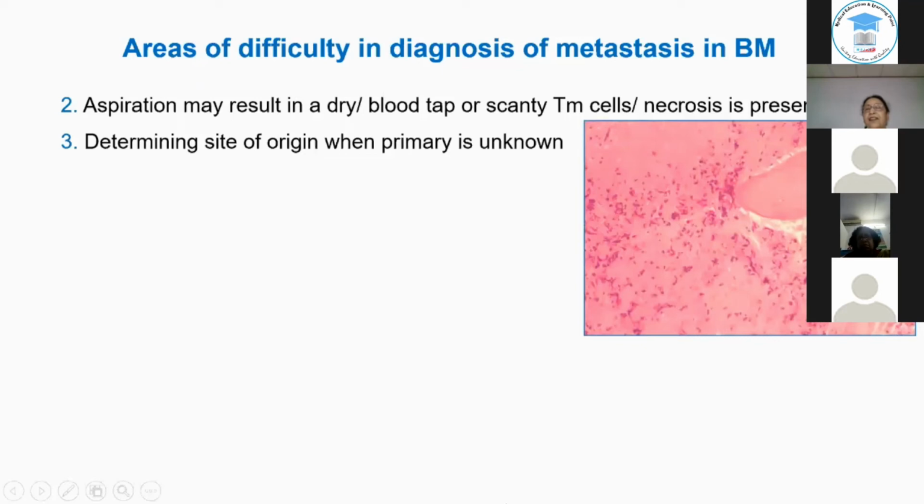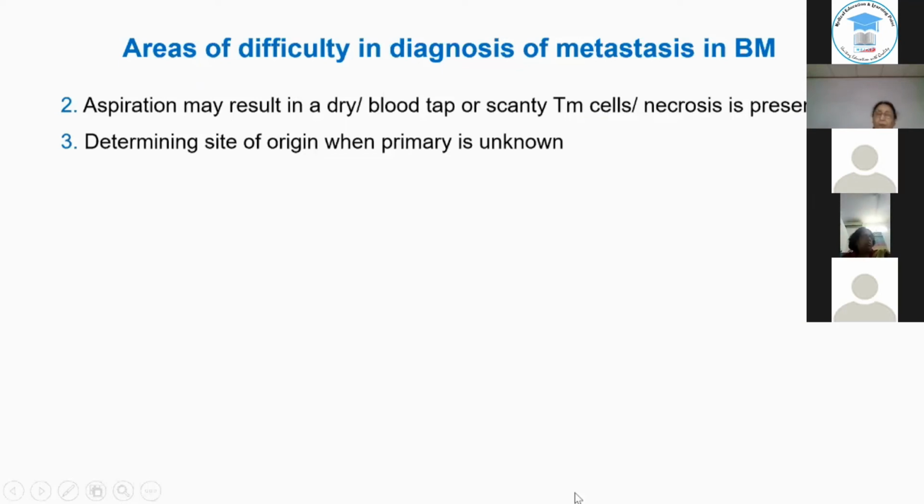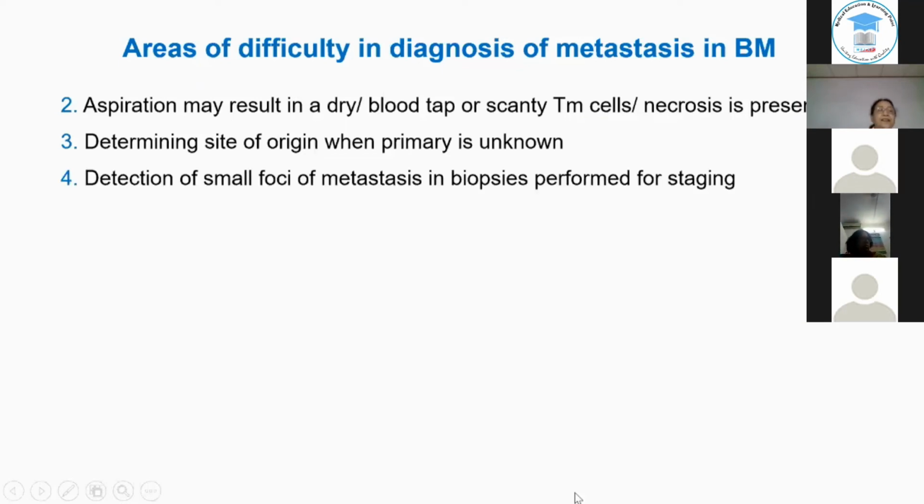Here in this picture, you can see the wide areas of necrosis. Then detection of small foci of metastasis in biopsies, which are performed for staging. Then identifying scanty tumor cells in fibrotic marrow.